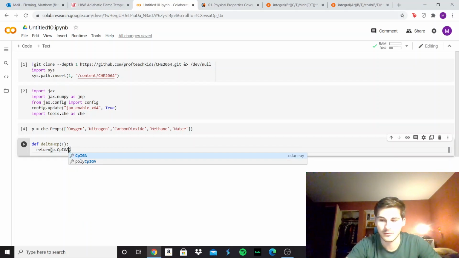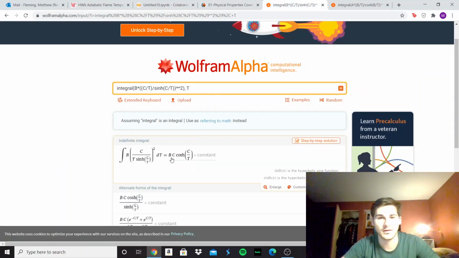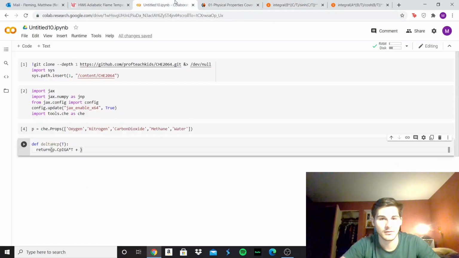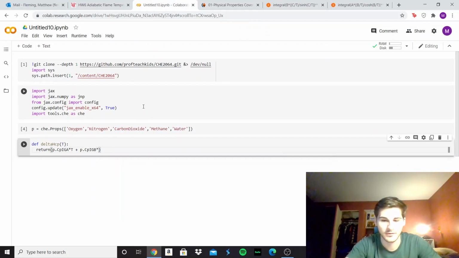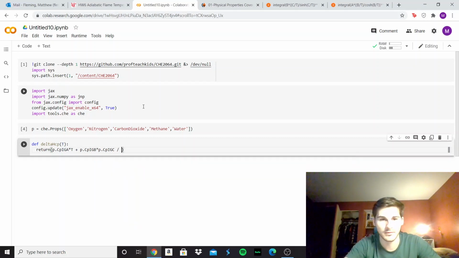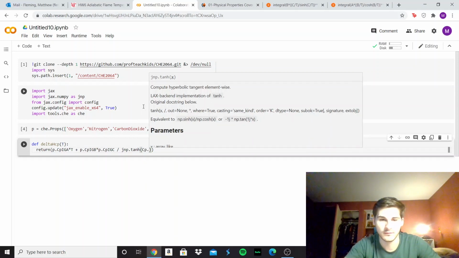So it's A times T plus this second term, which is B times C divided by the hyperbolic tangent of C over T.